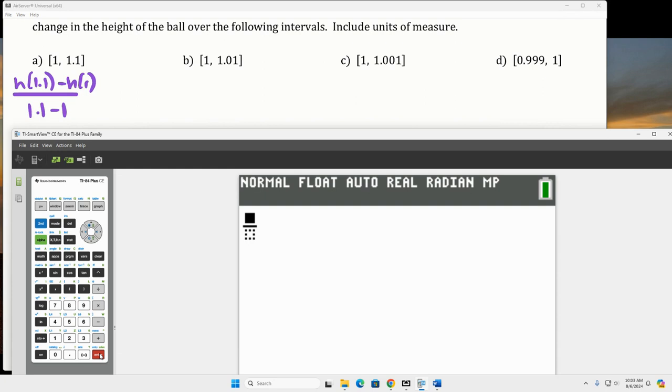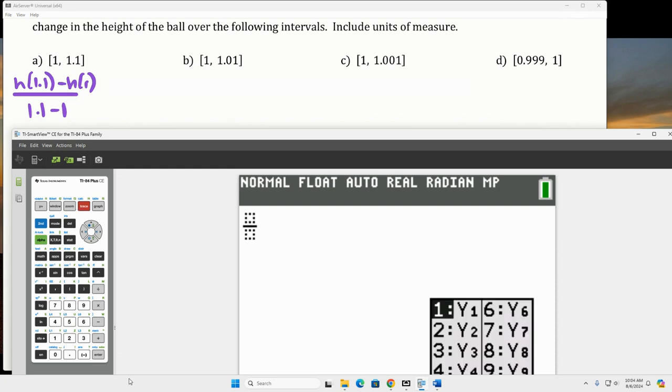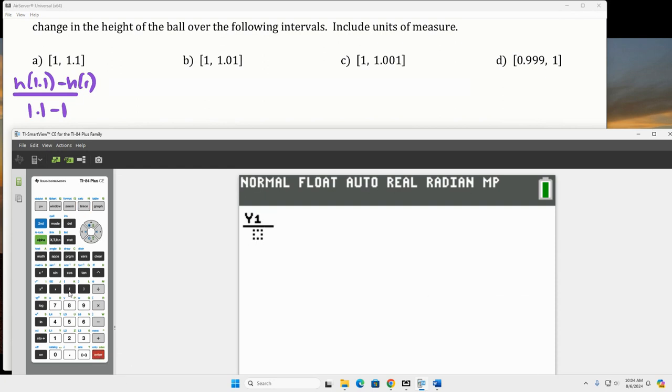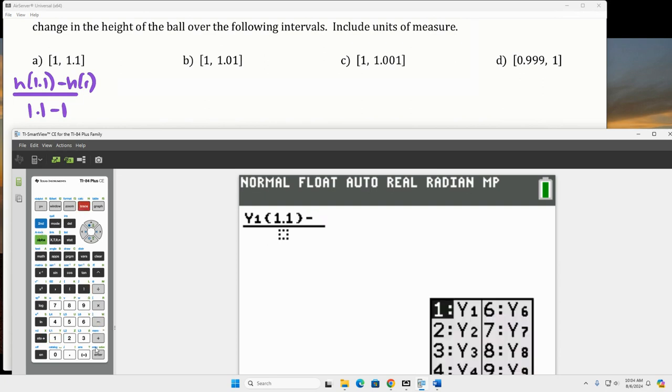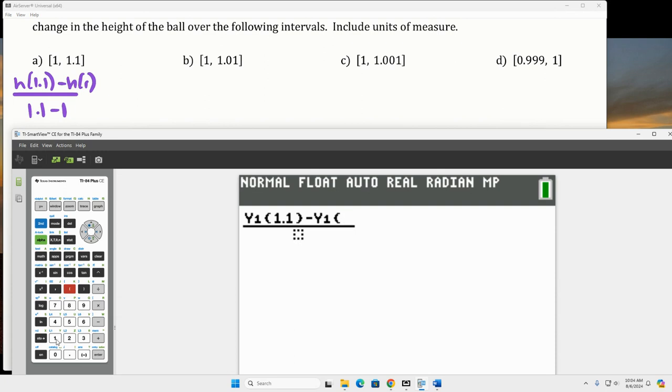So you guys remember how to get to the y variables? Alpha trace, good. Now that bottom, if you just want to go ahead and do the subtraction in your head, you can type it in, whatever you want to do.